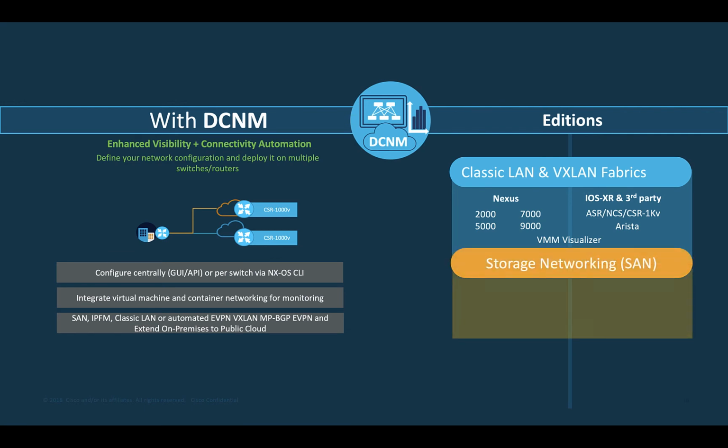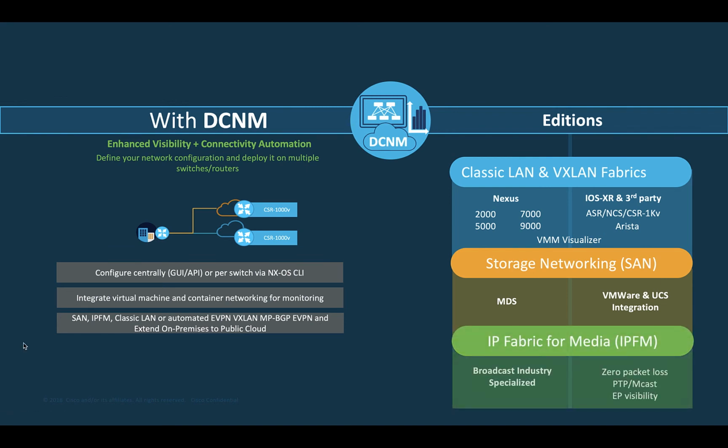Another instance of DCNM focuses on storage networking, the SAN, and it supports the MDS series platforms as well as the VMware and UCS integration for the storage transport. And the last, DCNM also manages the IP fabric for media for the broadcast industry, which must support terabytes of multicast traffic.